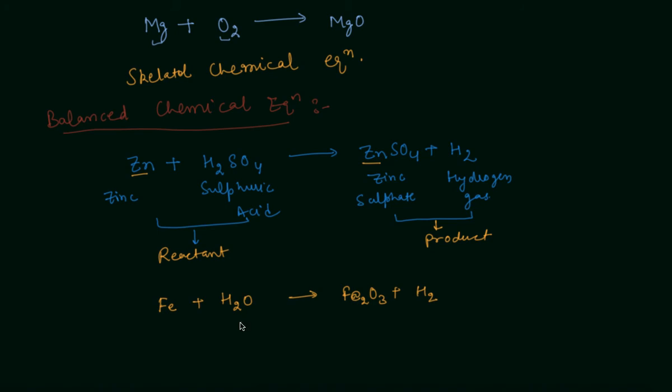How to balance a chemical reaction, we will see in another lecture, where we will discuss in detail how to balance a chemical reaction. Till now I have discussed two examples of balanced chemical reactions. The balanced chemical reaction for this would be 3Fe plus 4H2O gives rise to Fe3O4 plus 4H2. We will see how to balance a chemical reaction in the next lecture.